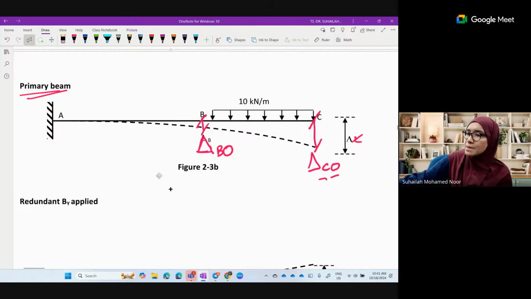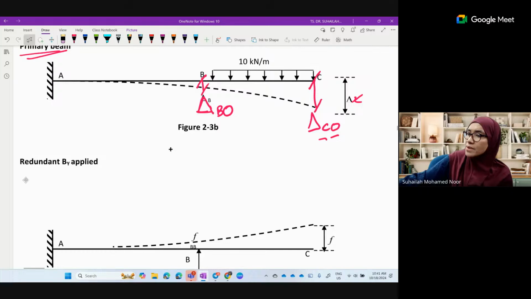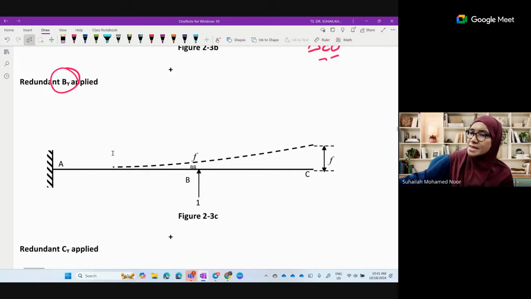Okay, so primary beam. Redundant number 1, redundant BY applied. BY ni is redundant kan? Asal tadi roller. Tapi bila kita apply dia dalam redundant system, we apply BY as an applied load. That is why nama dia BY applied. Kita tak letak roller kat sini.